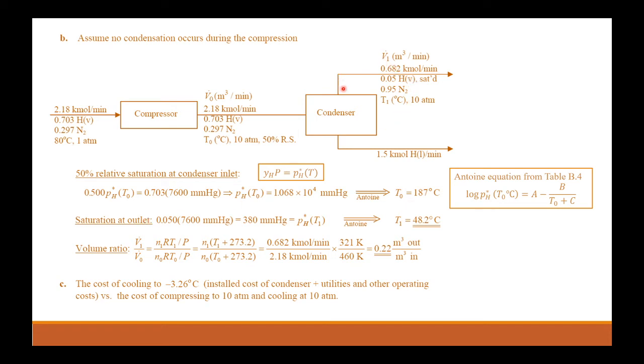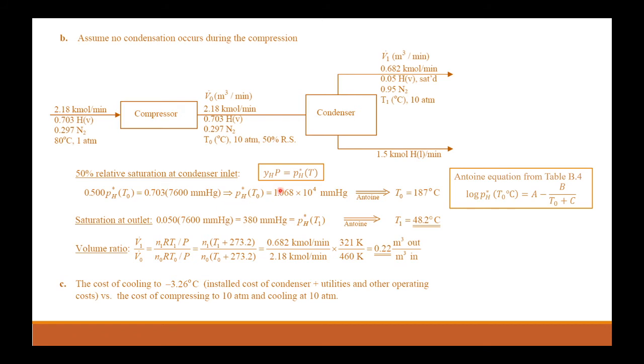Now let's look at the outlet stream from the condenser. Same thing, we use this equation, but because there's no specification of the relative saturation, the mole fraction of hexane is 0.05.